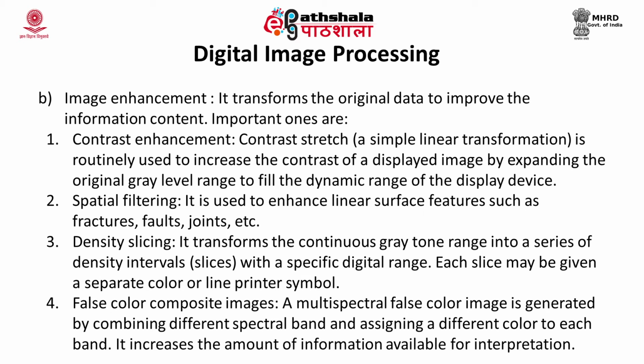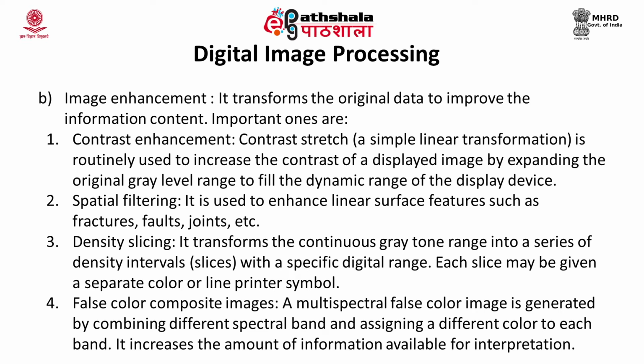And then the second one is spatial filtering. It is used to enhance linear surface features such as fracture, fault, joint, etc., which is very essential while doing geological study. Then density slicing. In density slicing, it transforms the continuous gray tone range into a series of density intervals, which we call slices, with a specific digital range.